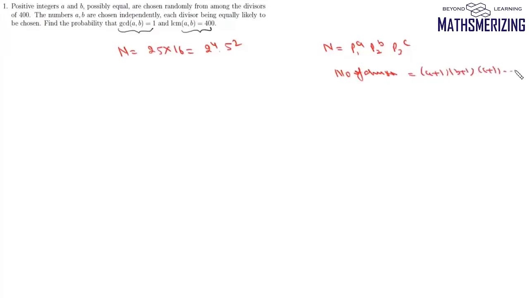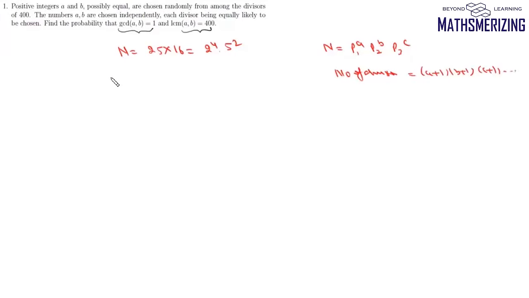Now first we look at the number of divisors of 400. Now we know that 400 is 25 into 16, so it is 2 to the power 4 into 5 square. If any number n is expressed as prime powers, like p1 to the power a, p2 to the power b, p3 to the power c, the number of divisors is given by (a plus 1)(b plus 1)(c plus 1) and so on.